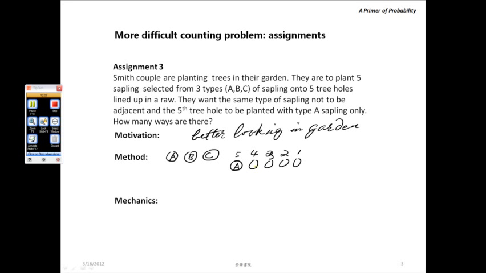Since the same type of saplings cannot be adjacent, the fourth hole must be either B or C, which suggests two types of options.